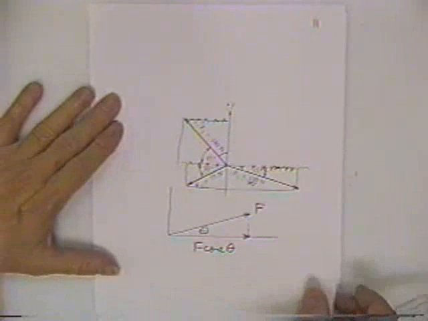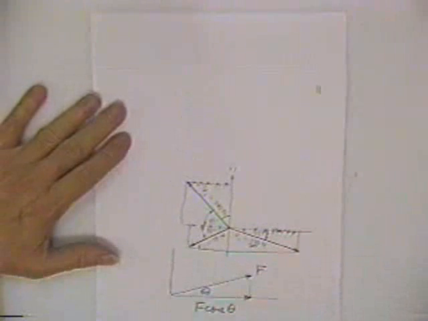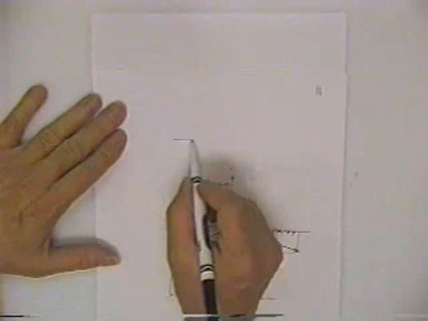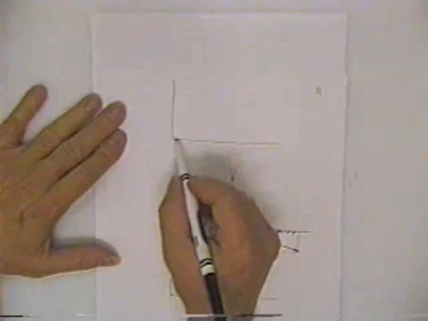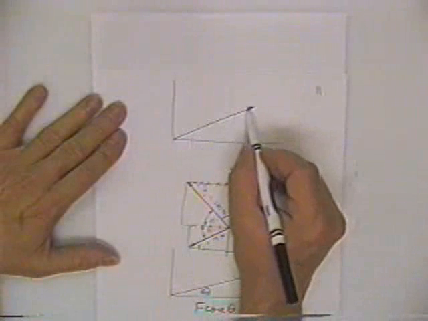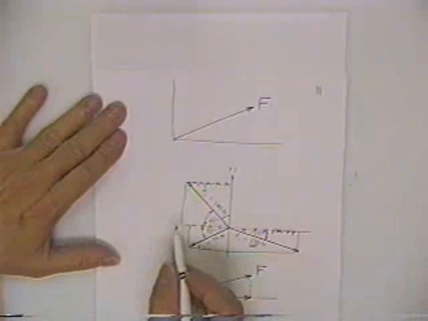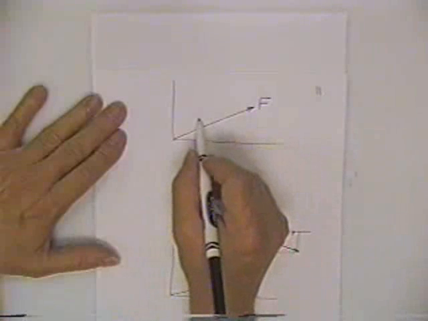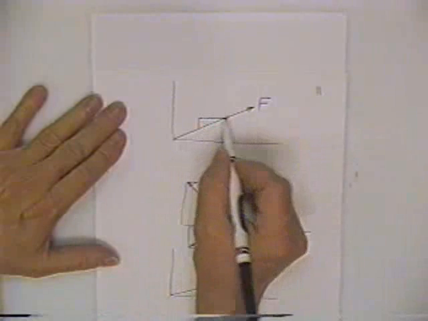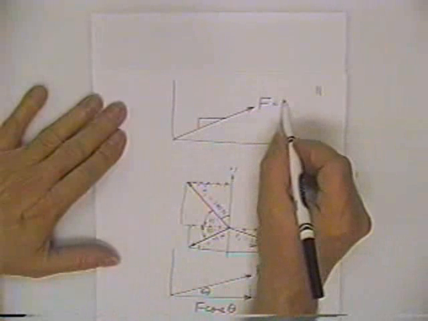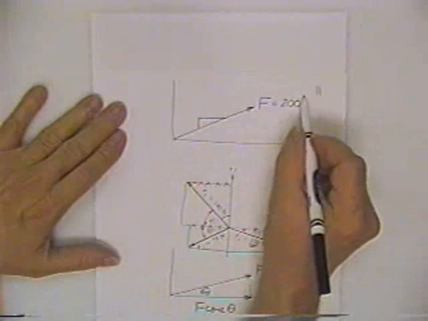Anytime you want the components of a force that is given in terms of slope, instead of in terms of angle of degrees. For example, you might have a force that is 200 newtons.